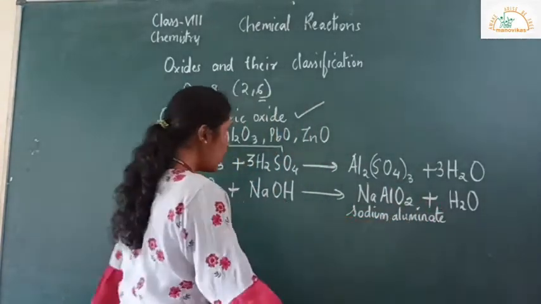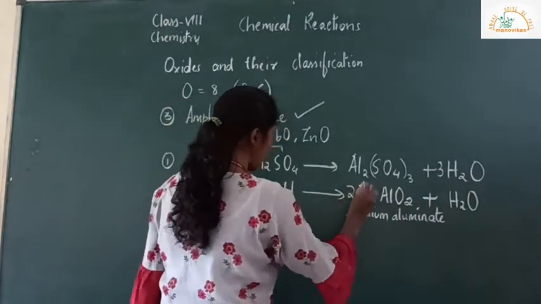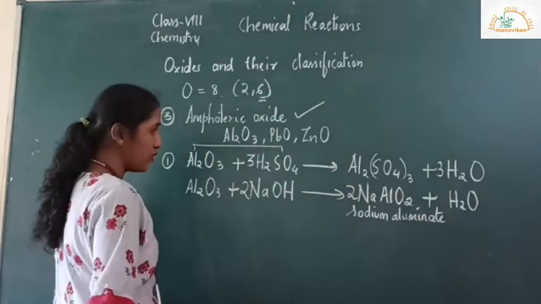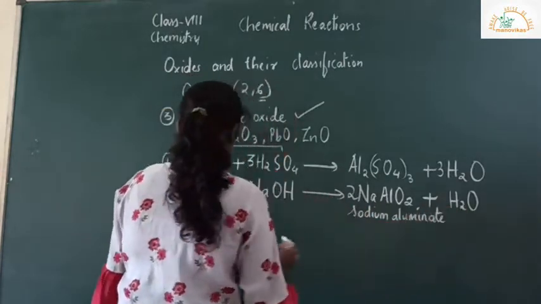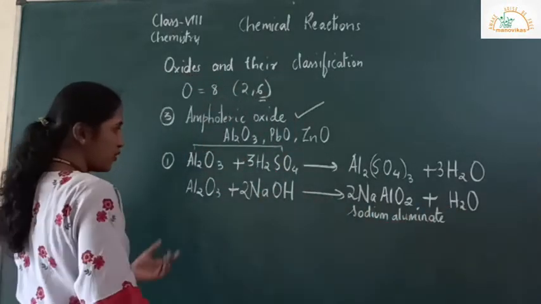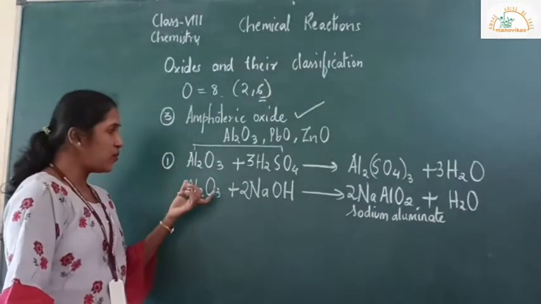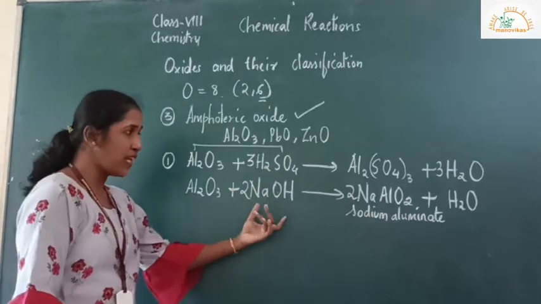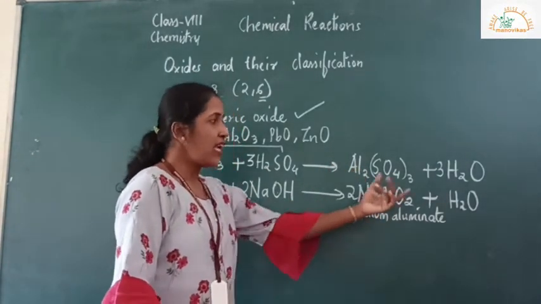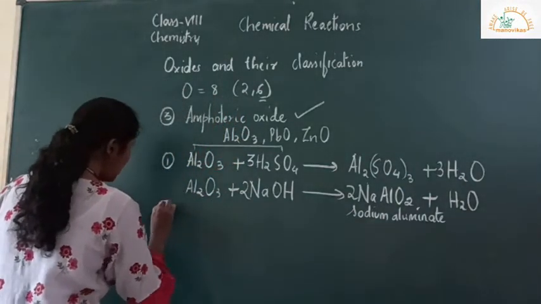Sodium aluminate plus water. You need to check if the equation is balanced. It is not balanced. So I will put 2 over here. So 2 twos are 4 and 5, 2 and 3, 5. So now the equation is balanced. Okay. So here I have taken aluminium oxide. When it is treated with acid and when it is treated with base, we get the salt and we obtain the water.